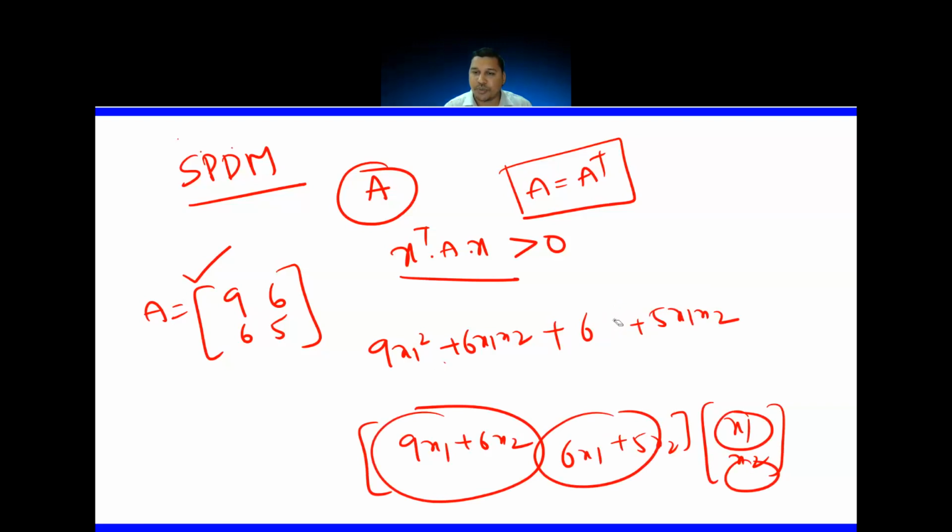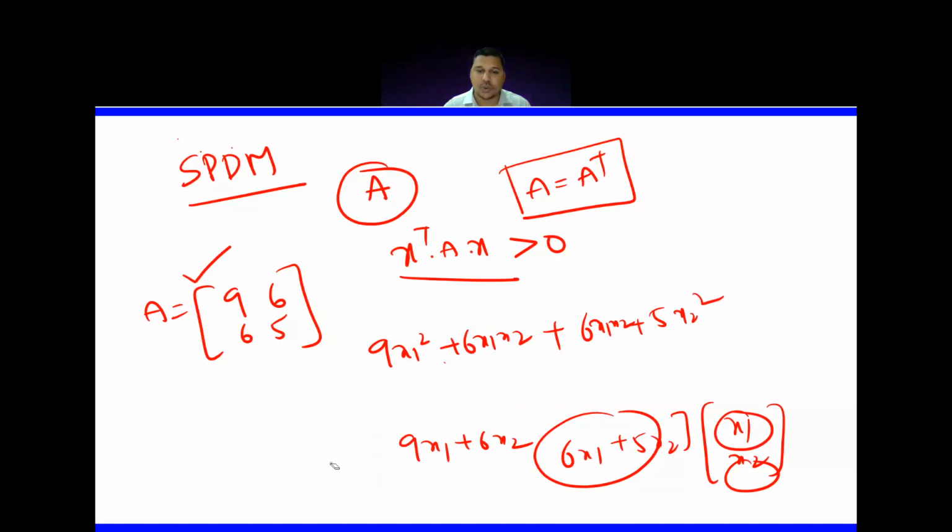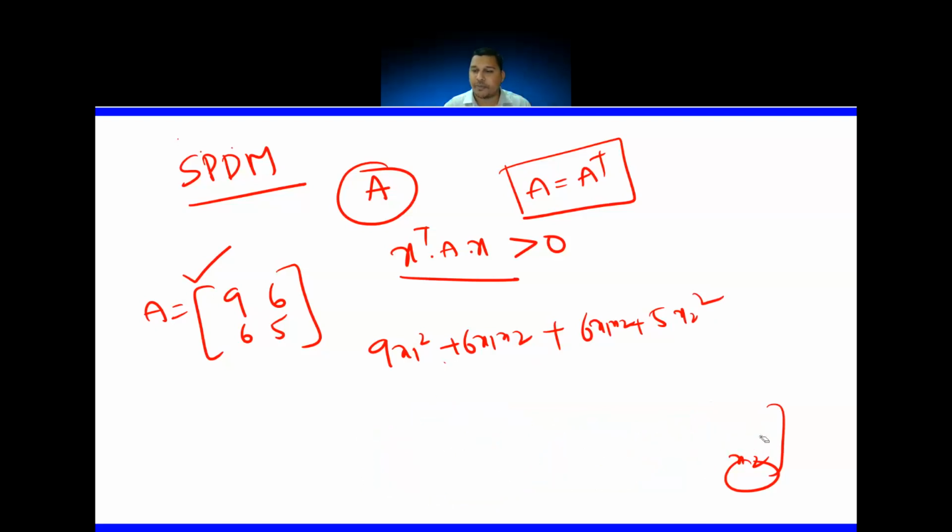Sorry, here it is x2: 6x1x2 and 5x2 square. Right? So if you add this, I get 9x1 square plus 12x1x2 plus 5x2 square.